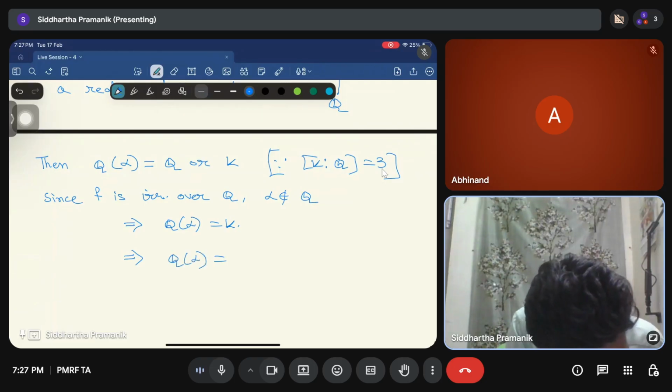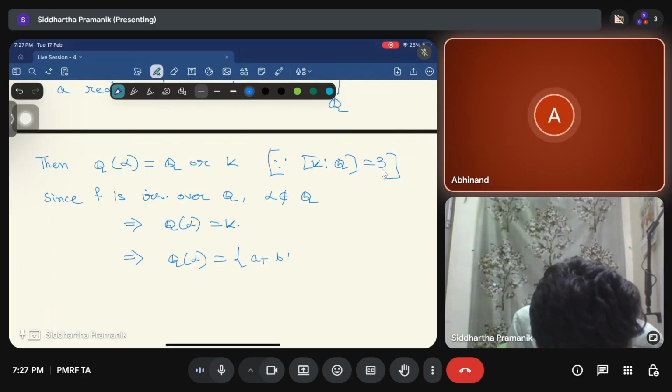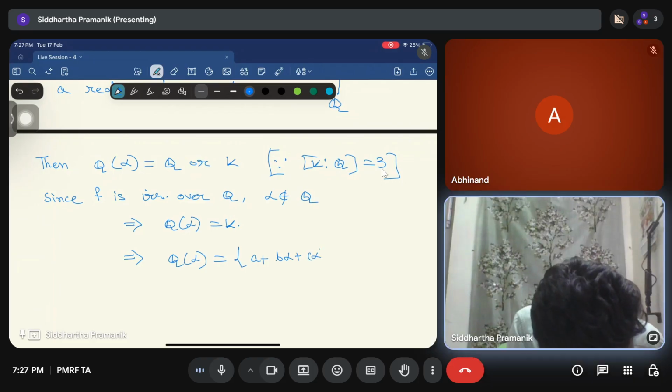So this is of degree 3, right? So this is basically a plus b alpha plus c alpha squared such that a, b, c are rational numbers.